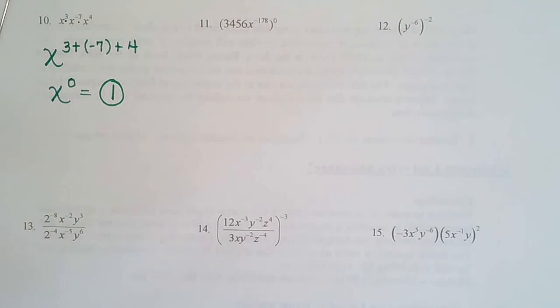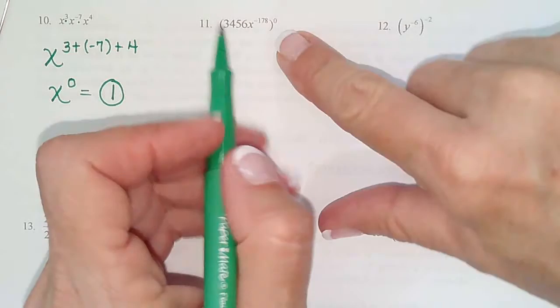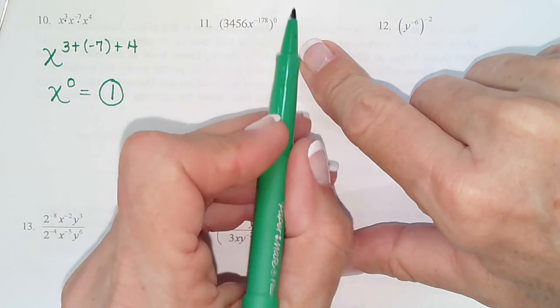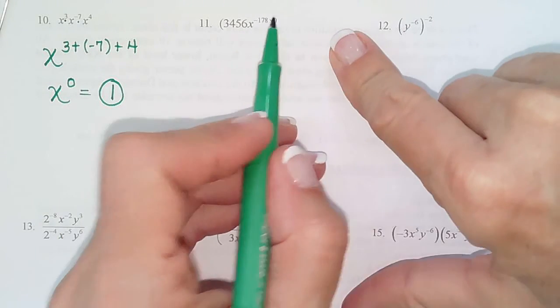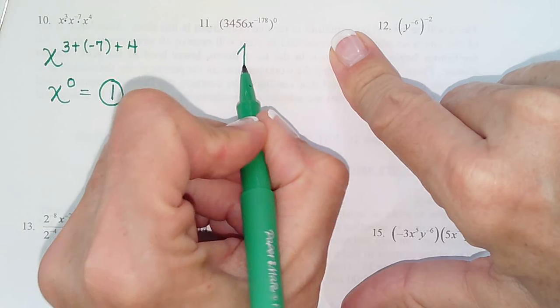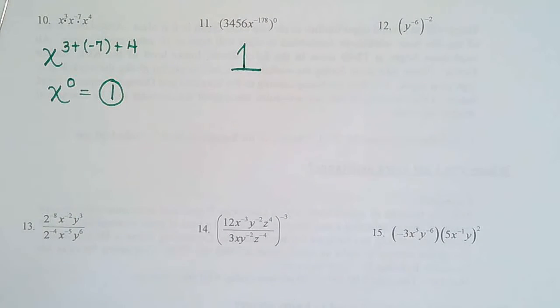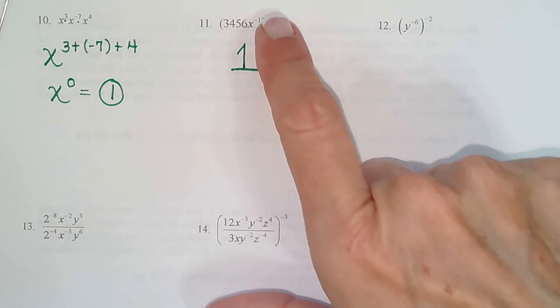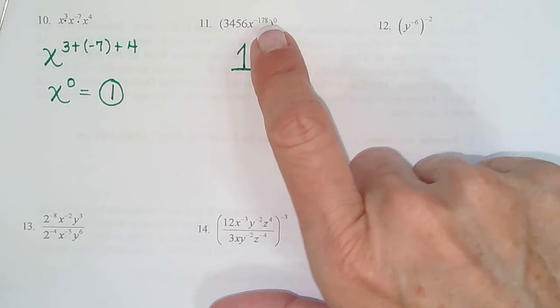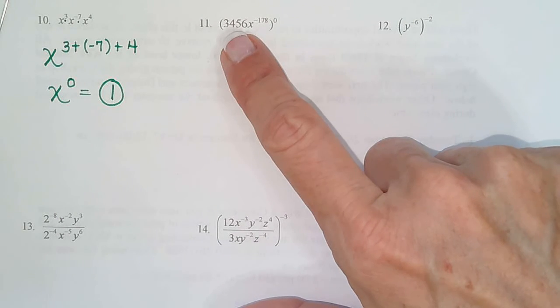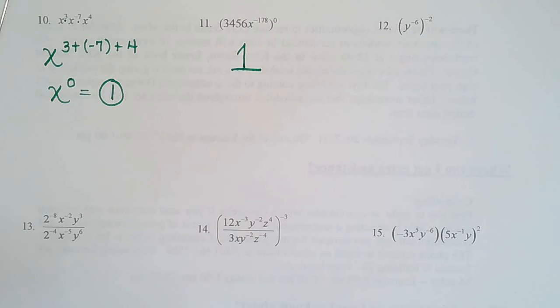I'm going to keep this underneath. Okay, so here we have a quantity to the 0th. So guess what? No work needed. That one's just 1. So all of that was raised to the 0th power. Since it was all in parentheses, it's just 1.